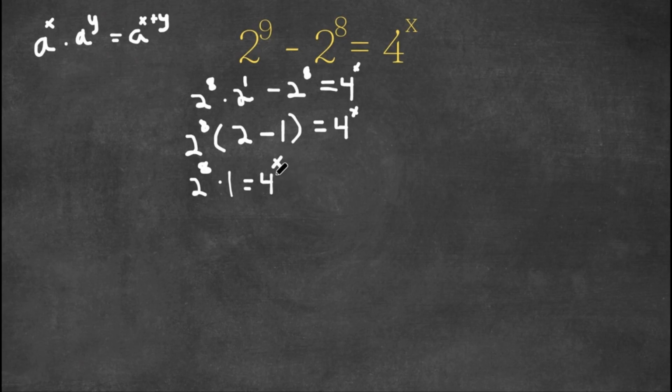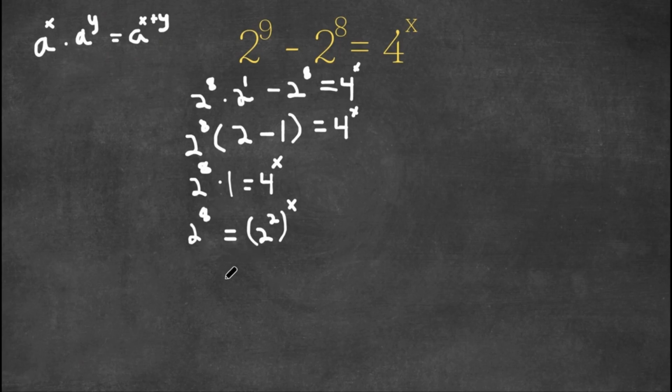Now 4 to the power of x can actually be rewritten as 2 squared to the power of x. All we did was replace 4 with 2 squared. And this is equal to 2 to the power of 8 times 1, which is simply 2 to the power of 8.